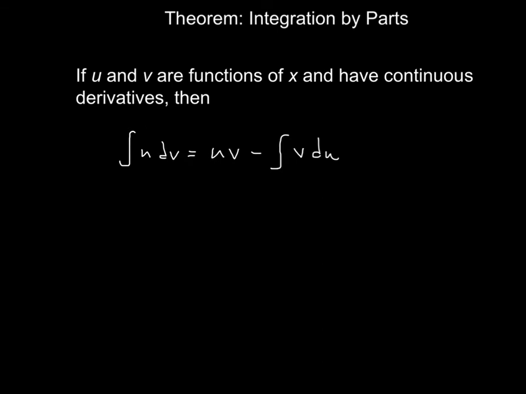The other thing to notice is that I have an integral equal to this minus another integral, which tells us there's going to be a second step. Either we're going to be doing integration by parts again, or this result will be something that I will be able to take the integral of.